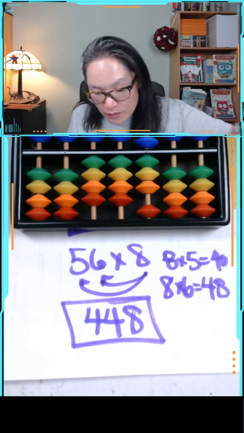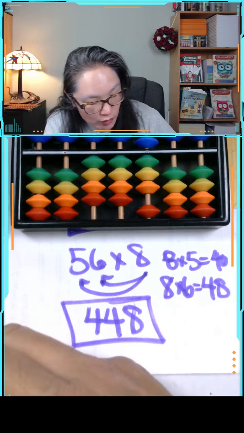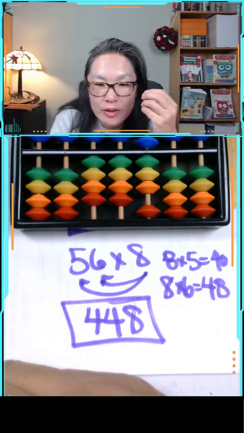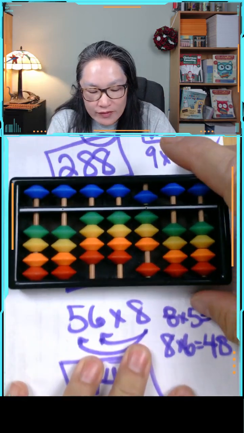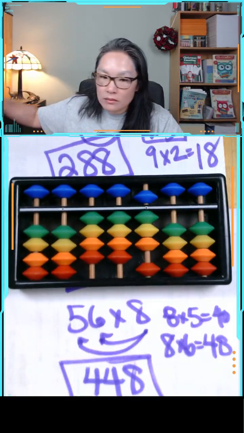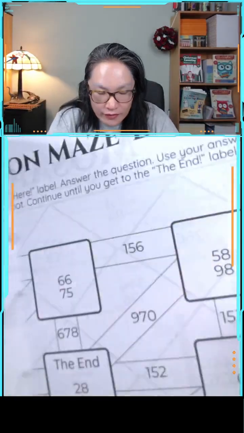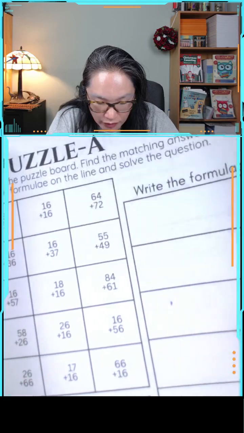But the biggest thing is know your formulas, because once you know your formulas, then you can add bigger numbers. Can you do a real simple, quick, for me, 5 times 5?